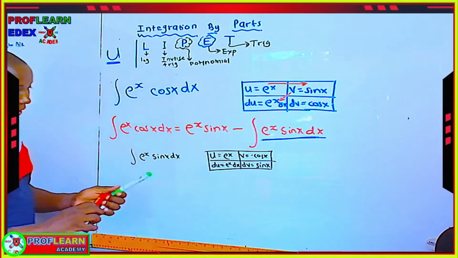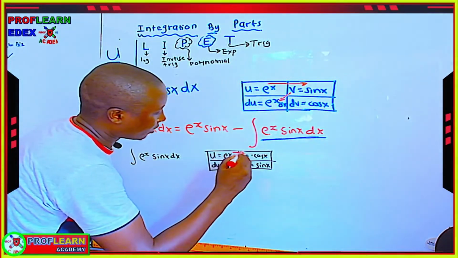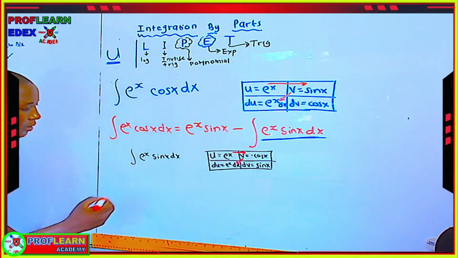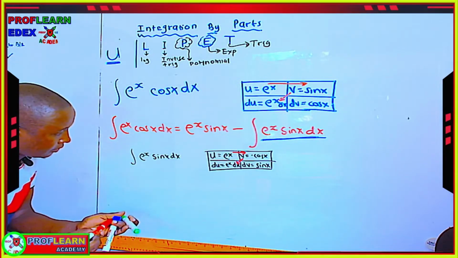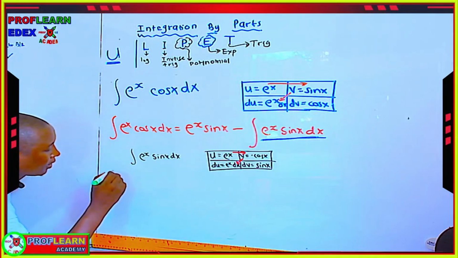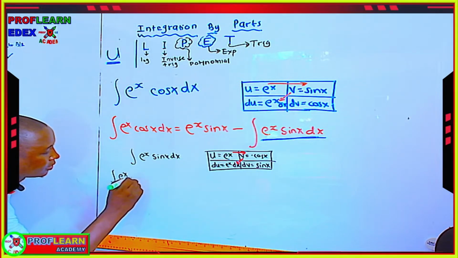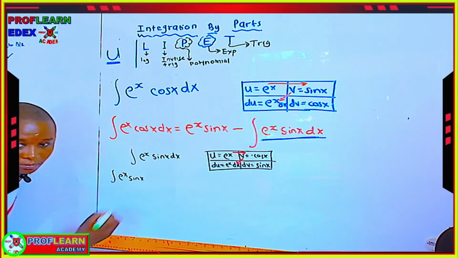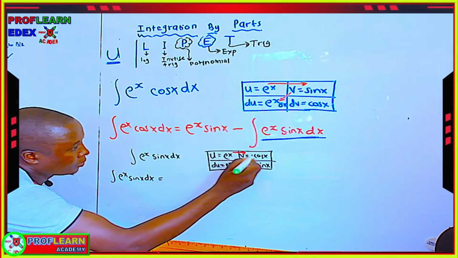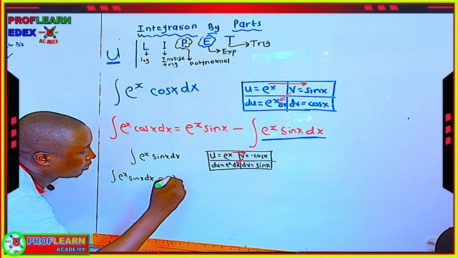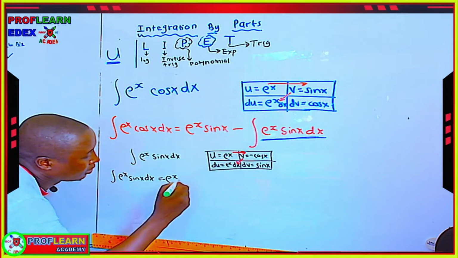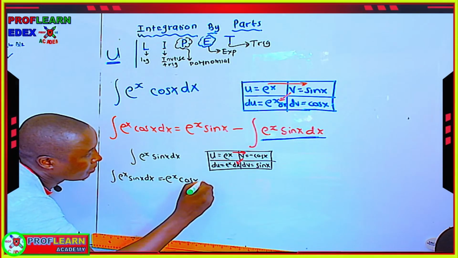Then, as we said, we multiply across and then multiply diagonally. So our expression will become the integral of e^x sine x with respect to x, which, multiplying across, will be e^x negative, of course, because of this negative sign here, cos x.